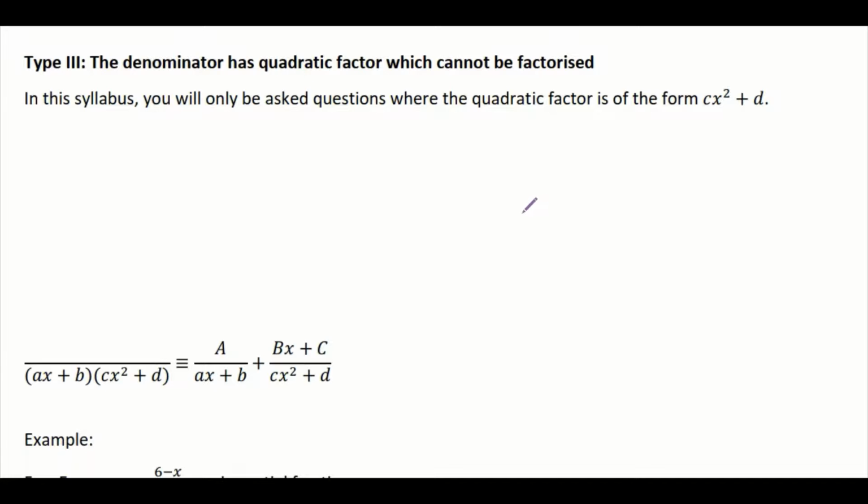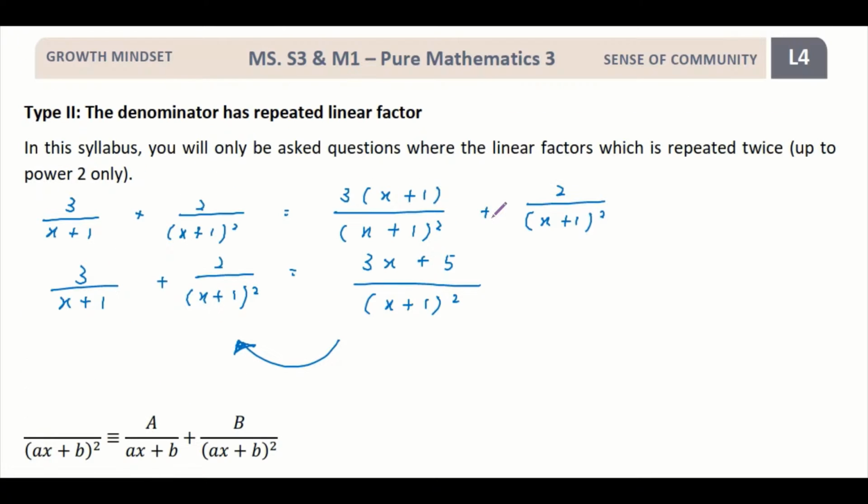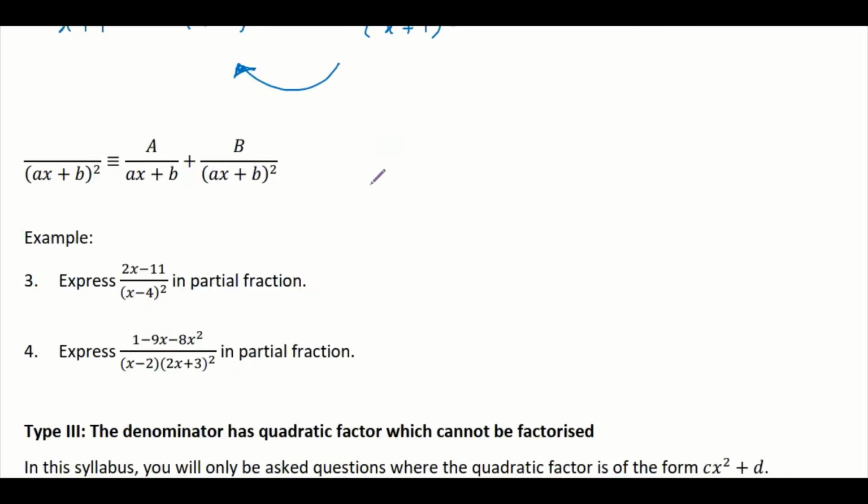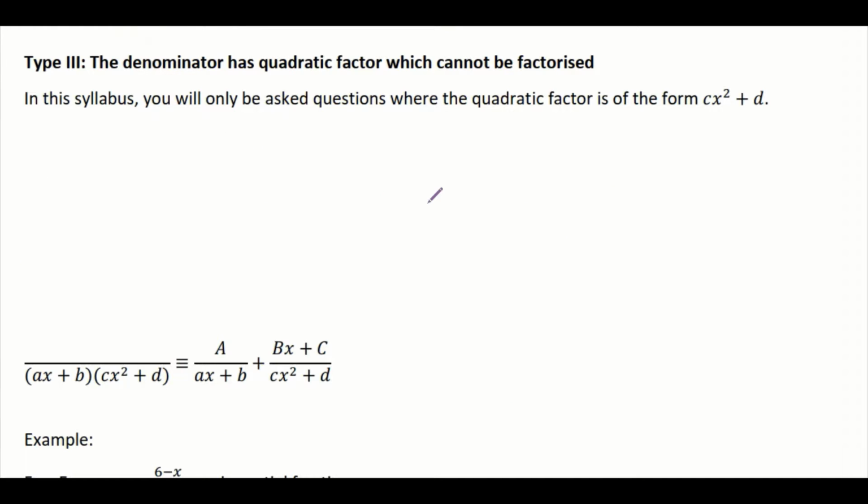So like for example, the type 2 that I said just now. A better approach would be to learn the repeated linear factor, even when you have power 2, power 3, power 4 and so on. But for the syllabus itself, you are only required to learn up to power 2. Same thing for type 3, where you have the quadratic factor that cannot be factorized.